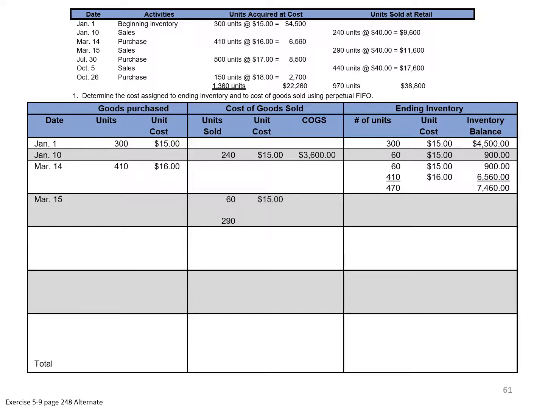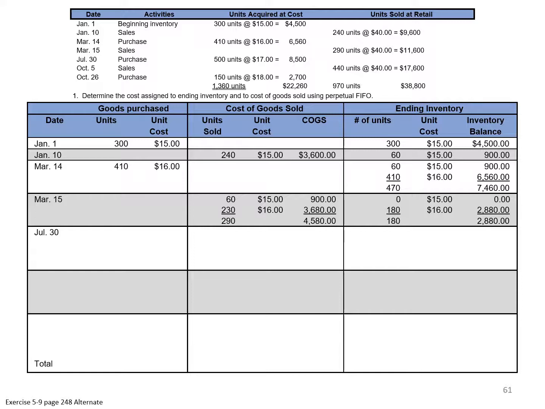So first we're going to sell all 60 at our $15 price point. Then we're going to sell the remaining 230 at our $16 price point, which leaves us with 180 at $16. So that's a total cost of goods sold of $4,580 and total ending inventory of 180 units at $2,880.